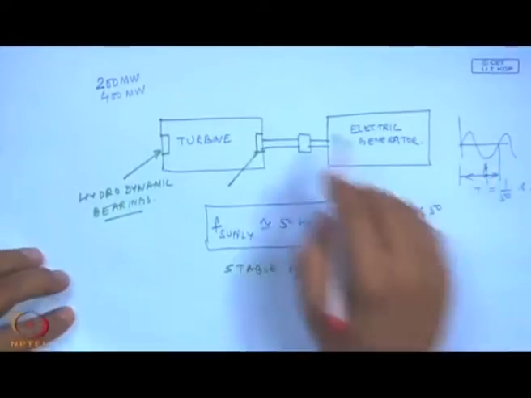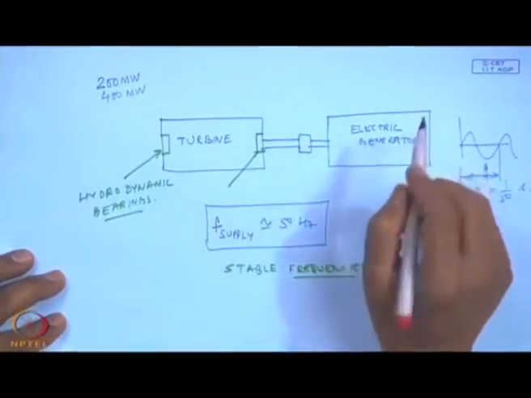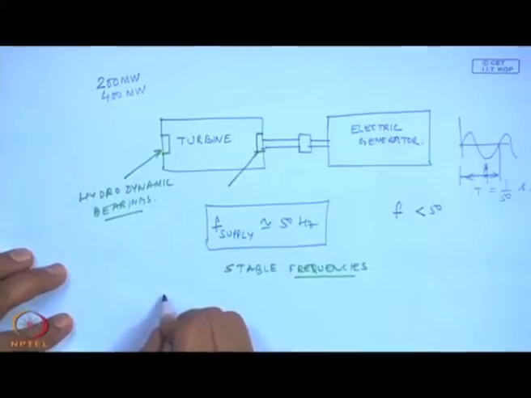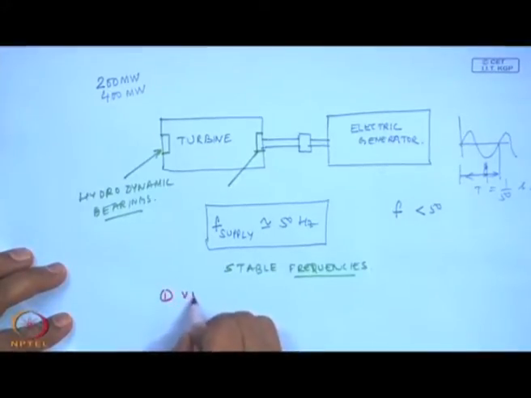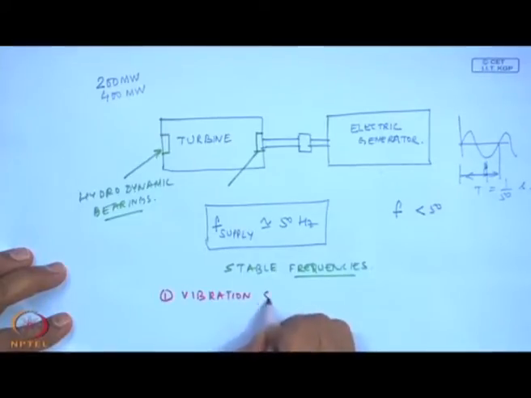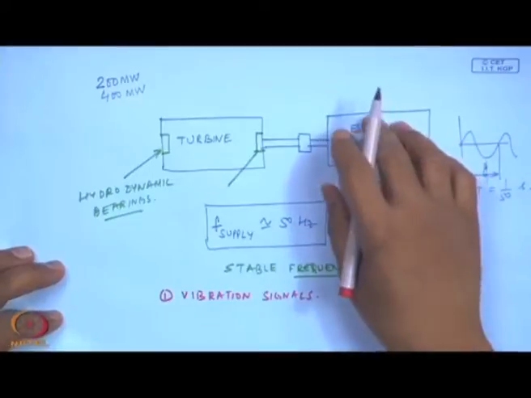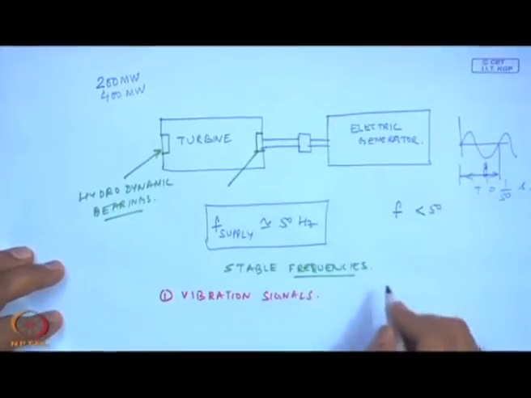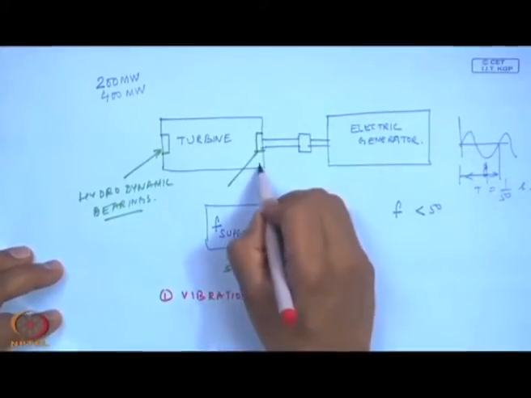And of course, as I was telling you right in the beginning, if I go back here to this figure here. So, turbine, the first place would be of course to put vibration signals at all locations. By all locations, what do I mean? Of course, all the bearing locations, all the foundation locations.